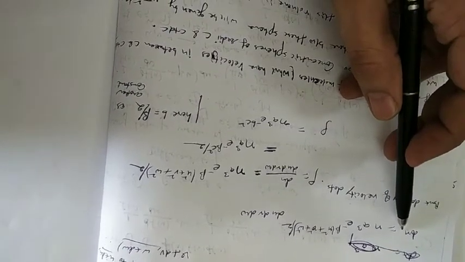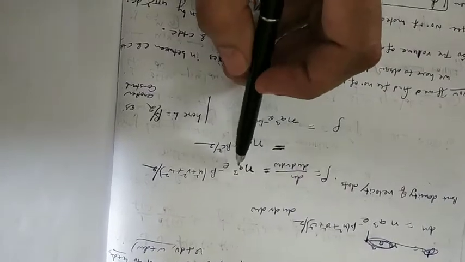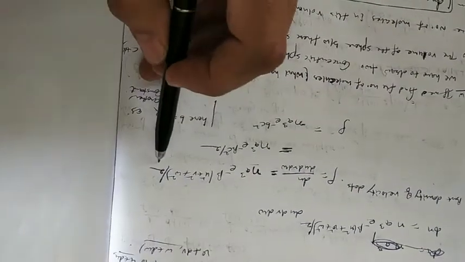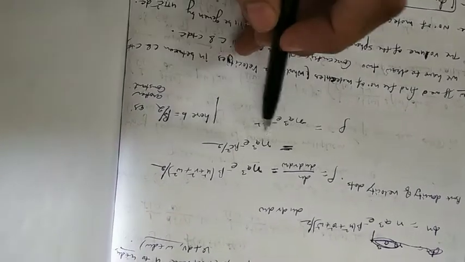If this is divided by du dv dw, we find the density of velocity dots, rho.